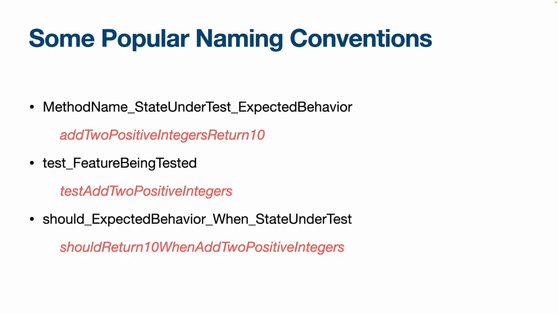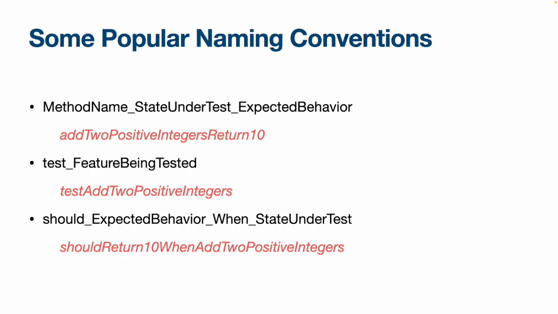So the method name is add. What is the state under test? 2 positive integers. What is the expected behavior? It should return 10. The second way is to use the prefix test with the feature being tested.